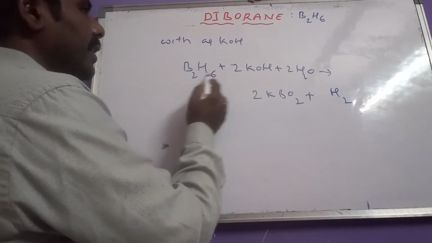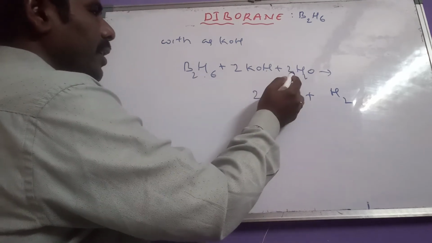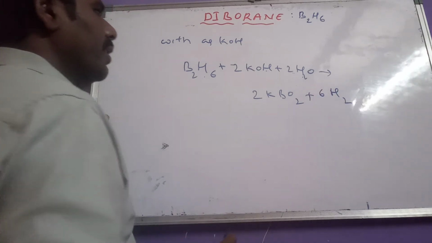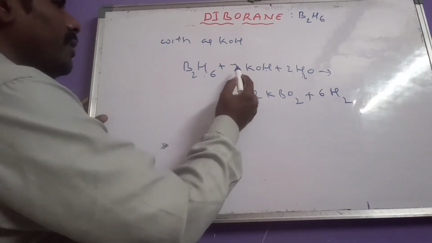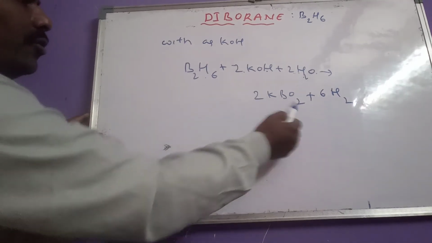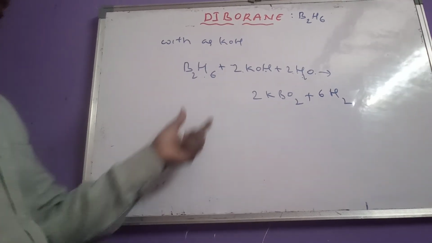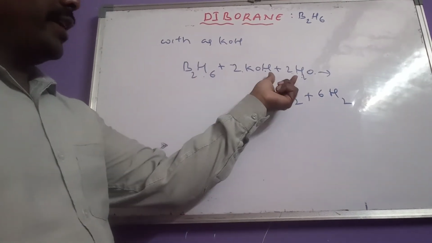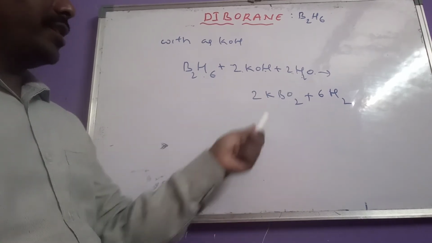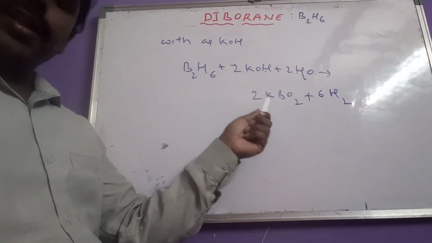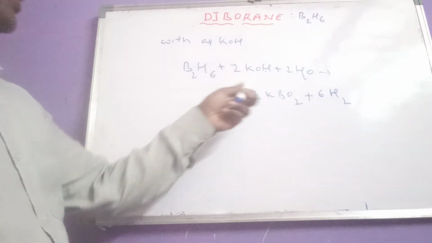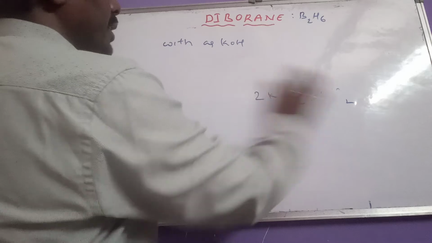So here 6 plus 2 is 8, 8 plus 4 is 12. That means we have to write 6H2. Oxygens: 2 plus 2 balanced, 4. Now here also 2 times 2 is 4. So like that, diborane when treated with aqueous solution of KOH produces potassium metaborate. So this is the reaction with aqueous KOH.